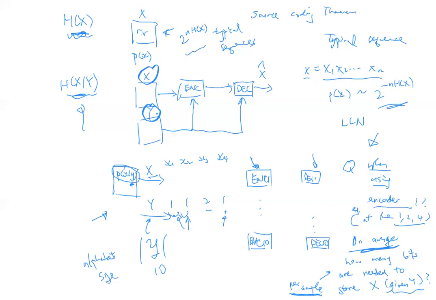Let's do a contrast here. So let's go back to this one here. If we don't use the side information, so if we consider the original source coding theorem, so we don't have the helper information, on average, we need H(X) bits per sample, right?